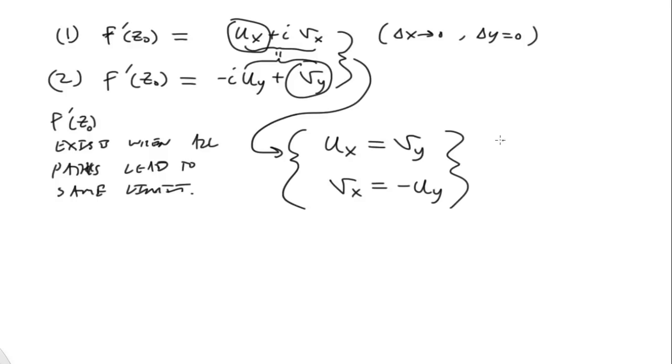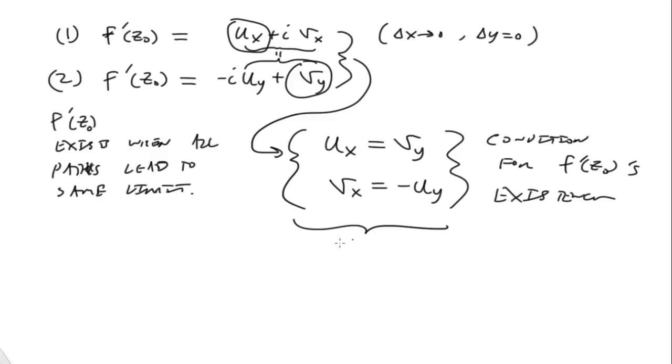We can call this a condition for f prime at z0's existence. And these are called the Cauchy-Riemann equations.